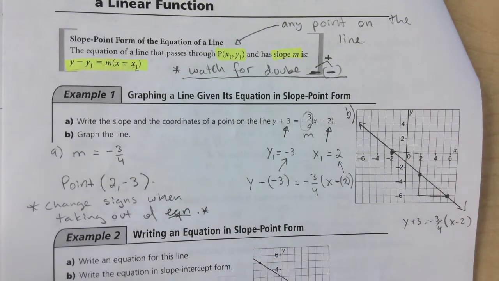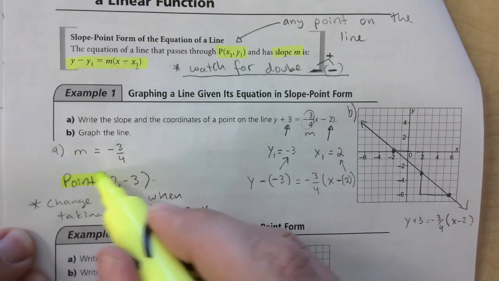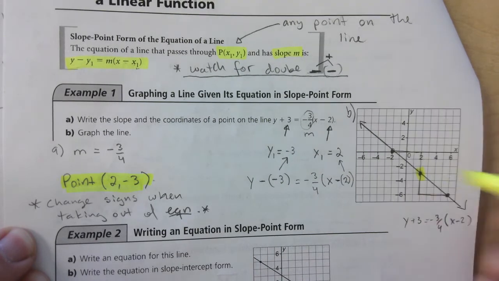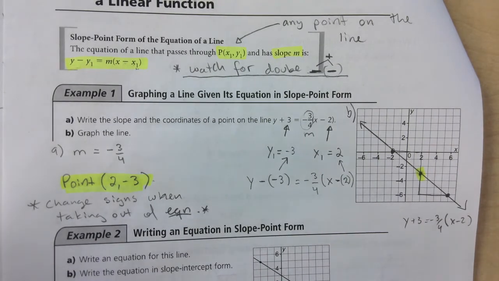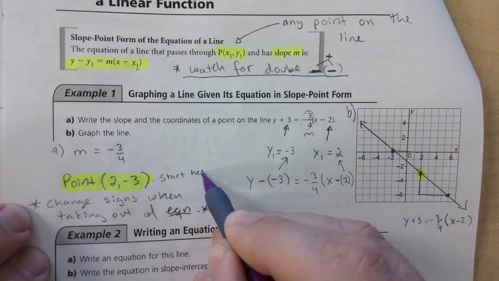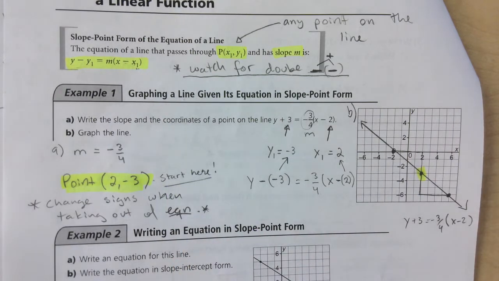And I will highlight this point right here and highlight it on my graph. Start here. You always start with a point, then use your slope to go from there.